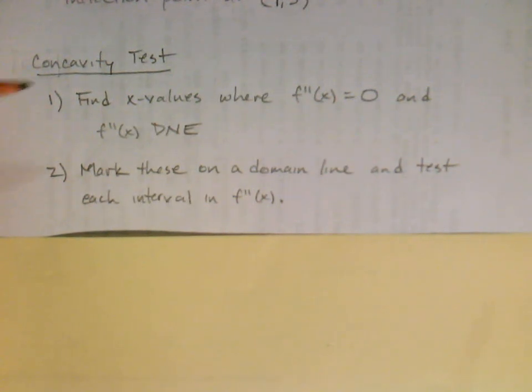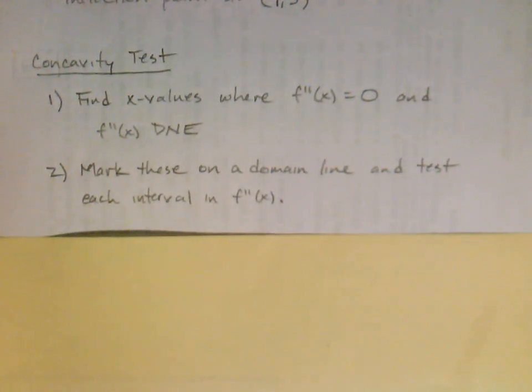Well, that is the same idea, just with the first derivative, right? Where does it equal 0 and not exist? And then you mark those on a line and test each interval in the first derivative. It's exactly the same test for concavity, except we use the second derivative instead of the first derivative. So kind of interesting that it works out that way.